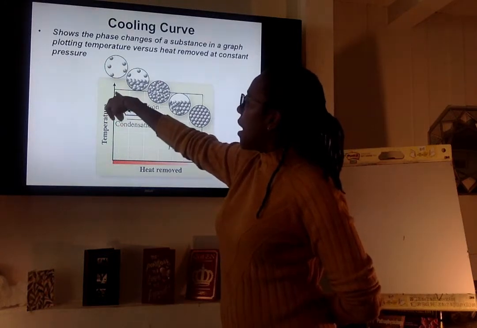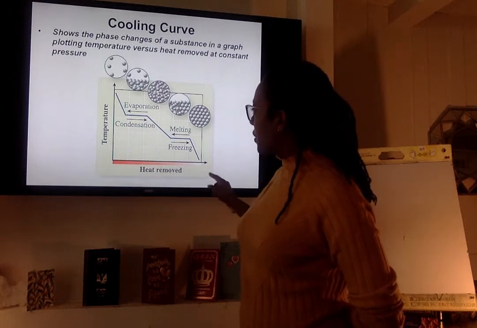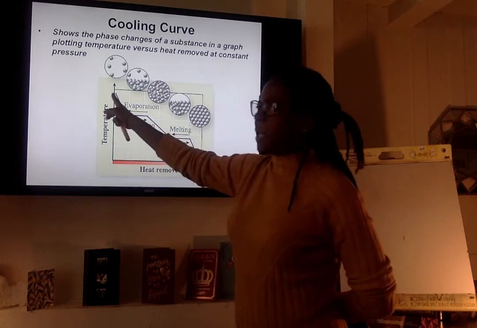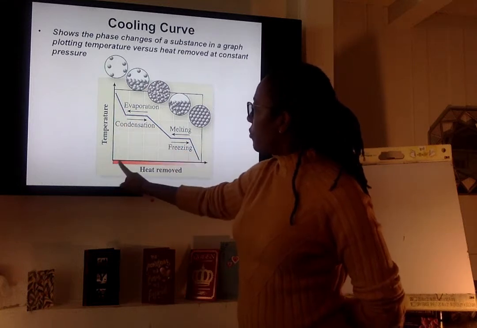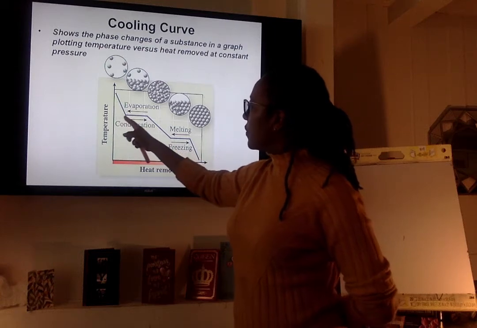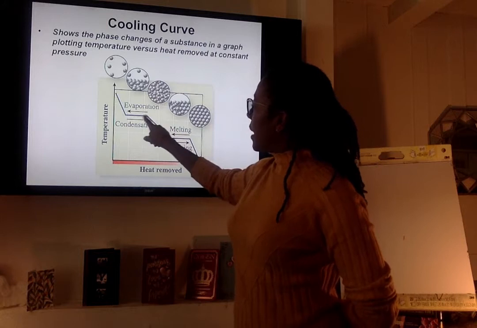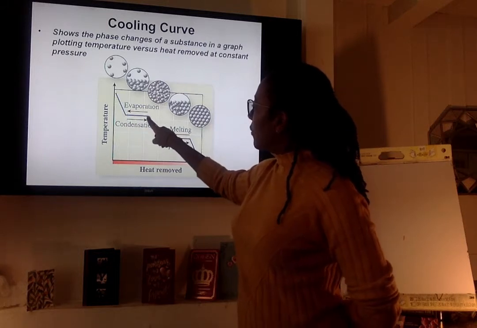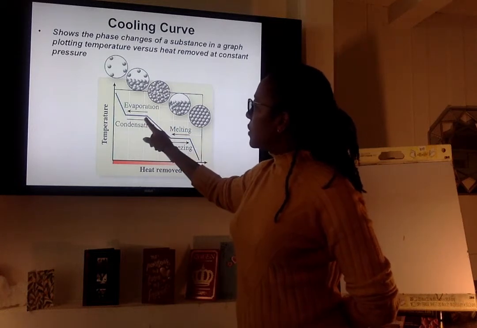So here now, this graph is saying we're removing heat in this direction. If I'm a gas here, now I'm removing the heat. I'm gas up until this point. That's a specific temperature, and then I'm going to go from a gas into a liquid, and that's condensing, right? And it's the same temperature. There's no temperature change.